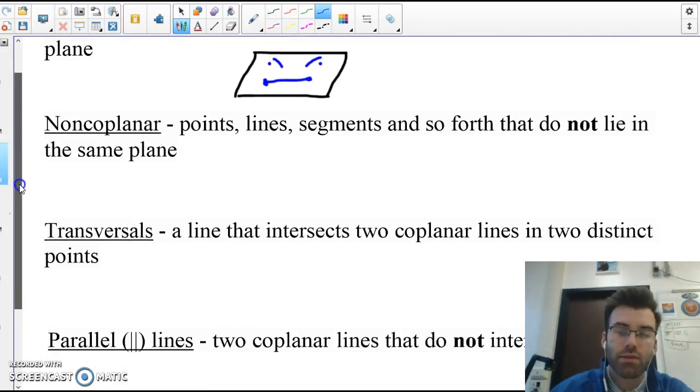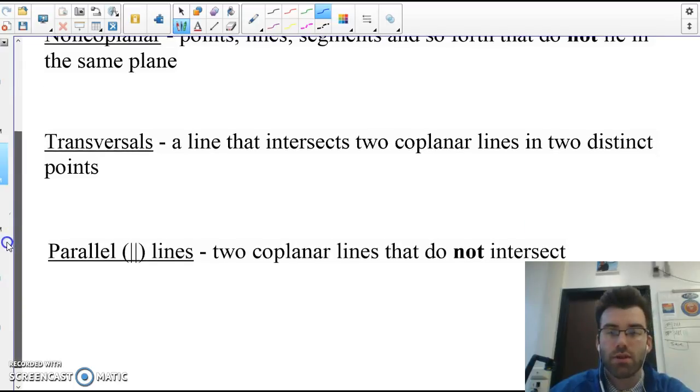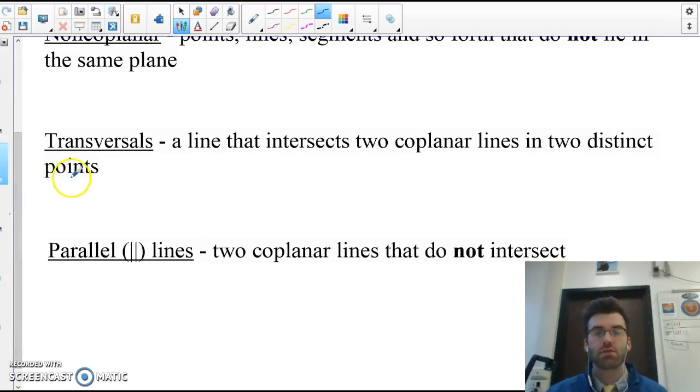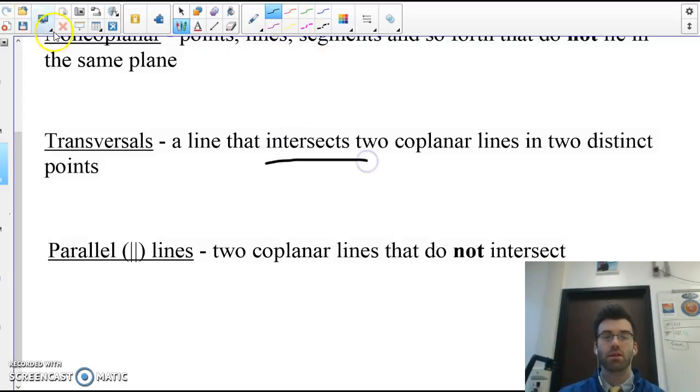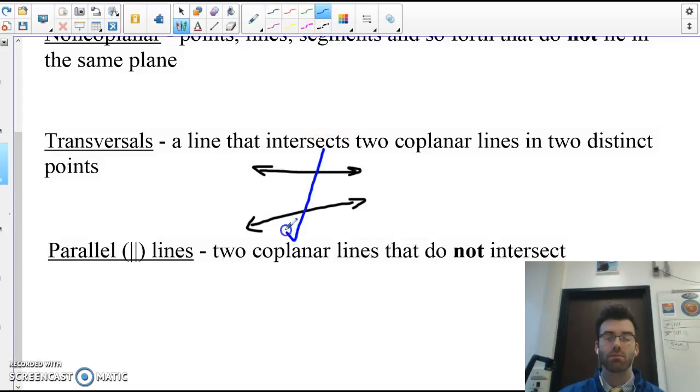Transversals. A transversal is a line that intersects 2 coplanar lines in 2 distinct points. What does that look like? If you think about it like this, here are 2 lines. They can be parallel or non-parallel. The transversal is this blue line that cuts through them.